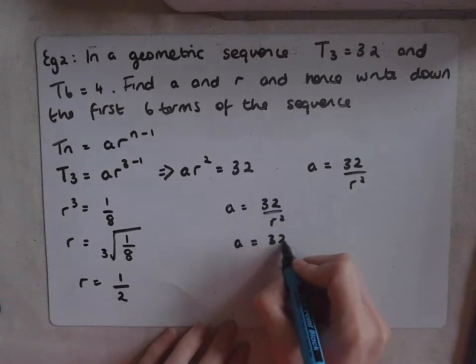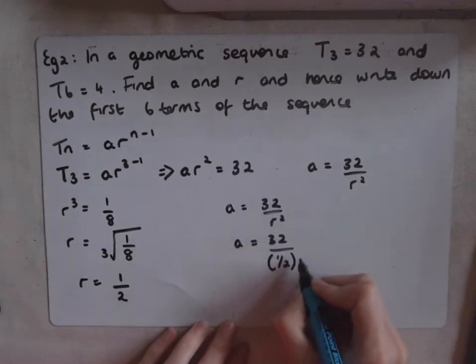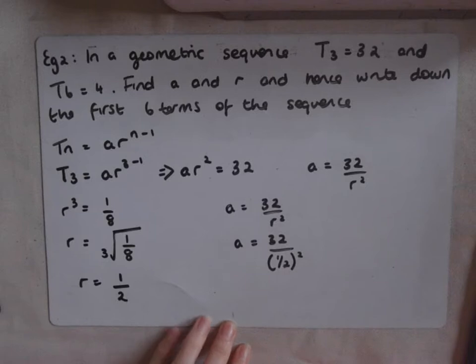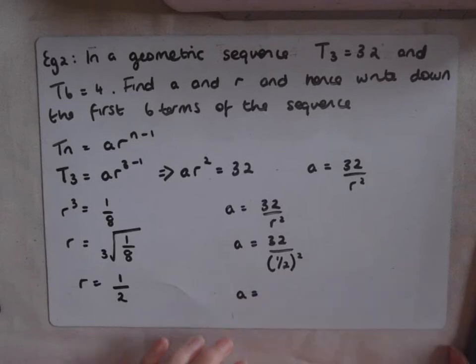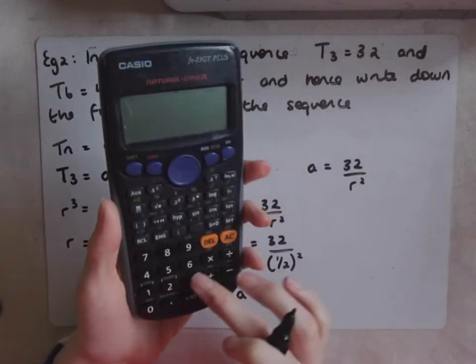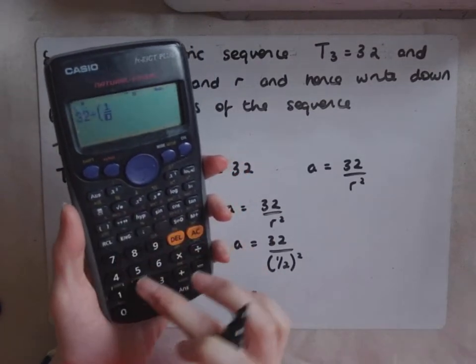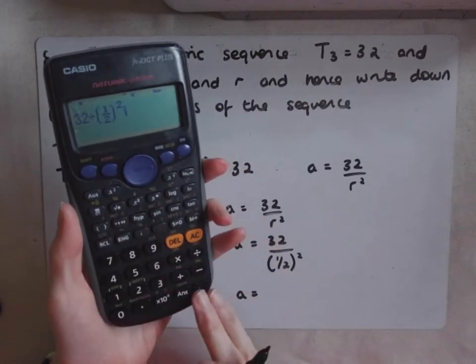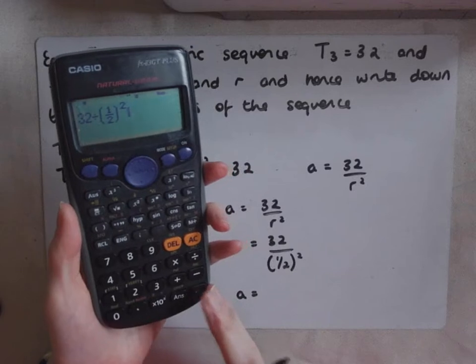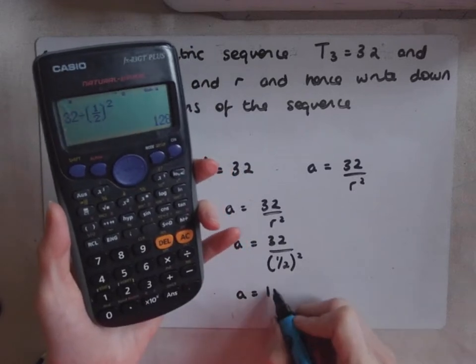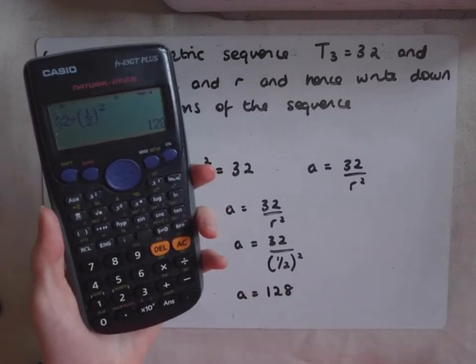A is 32 over a half squared. Okay, and again in my calculator I'd probably say 32 divided by bracket a half bracket squared. Okay, 32 over, so then I get 128.